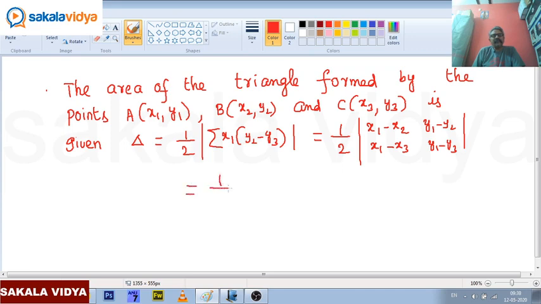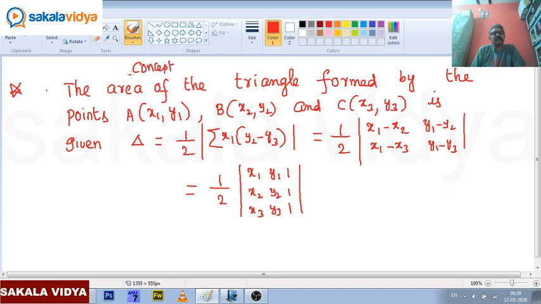or the same area of the triangle is given by half of determinant of x1 y1 1, x2 y2 1, x3 y3 1. Even if you expand this one, you get the same value only. That means this is a very important concept you need to remember: the area of the triangle formed by the points is given by these three formulae.